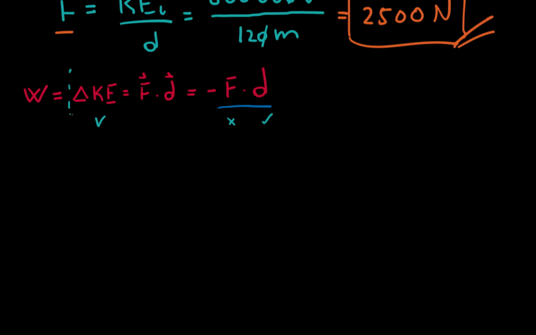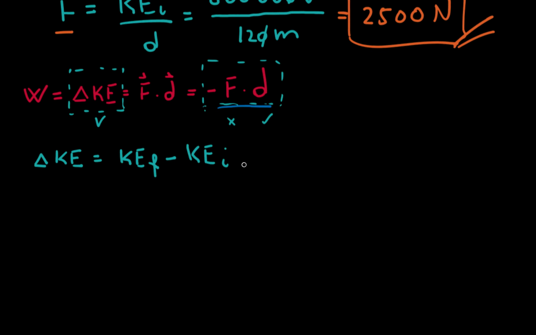So I'm going to take this one and this one and make an equation out of it. Changing kinetic energy equals the kinetic energy final minus the kinetic energy initial. This in turn equals 1/2 mass times velocity final squared minus velocity initial squared. And this equals minus force times distance.